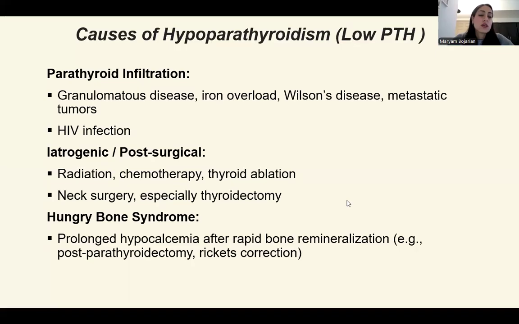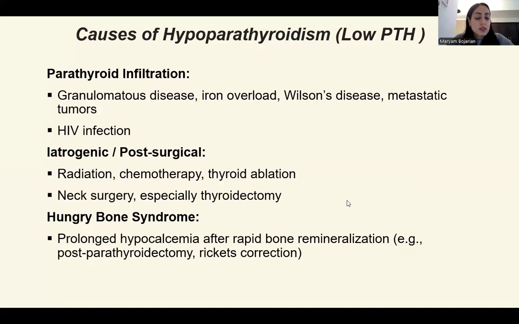If someone goes for any kind of neck surgery, especially thyroidectomy, unfortunately, sometimes we see hypoparathyroidism after that. And any kind of radiation, chemotherapy, or thyroid ablation as a side effect can cause hypoparathyroidism.